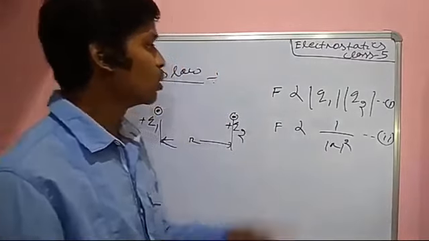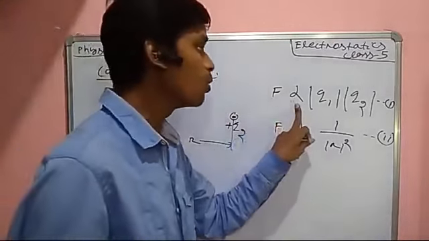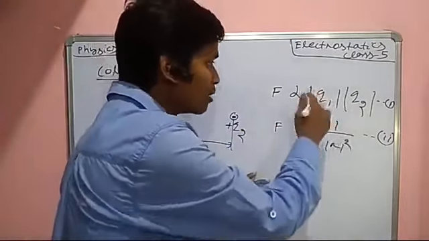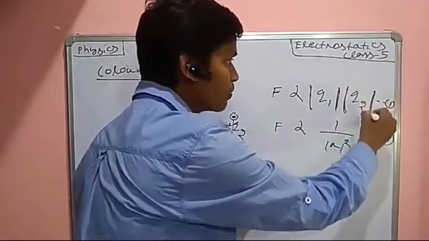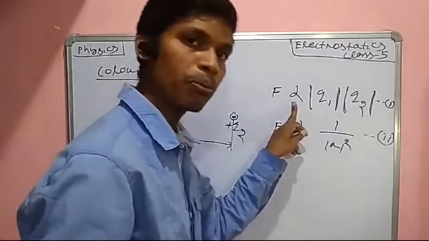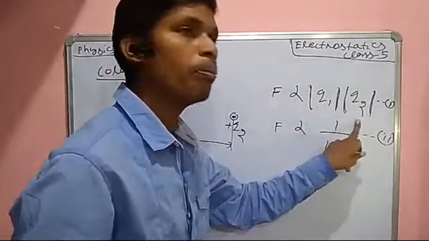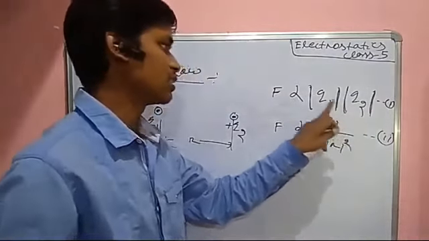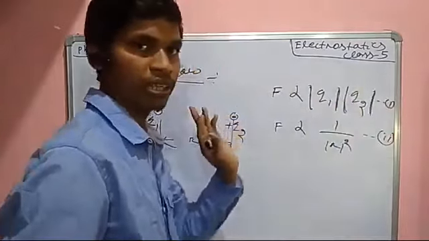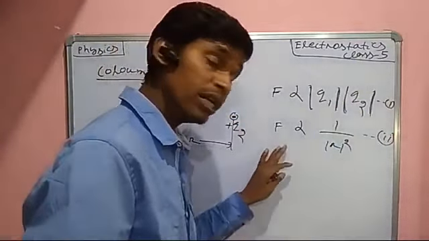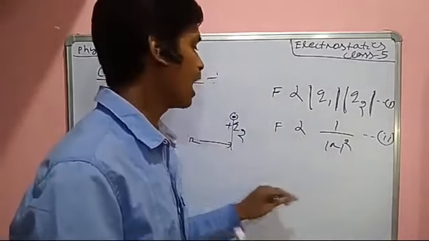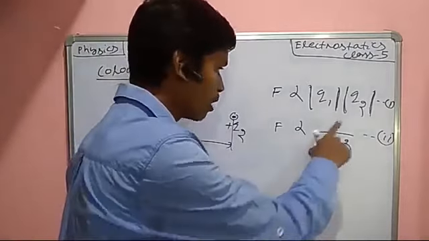Magnitude means the magnitude of Q1 and Q2. The first equation is F proportional to mod Q1 into mod Q2. The second is F proportional to 1 by R square.